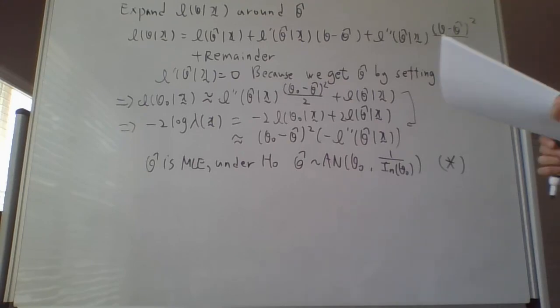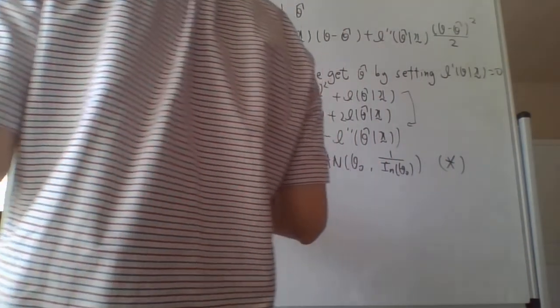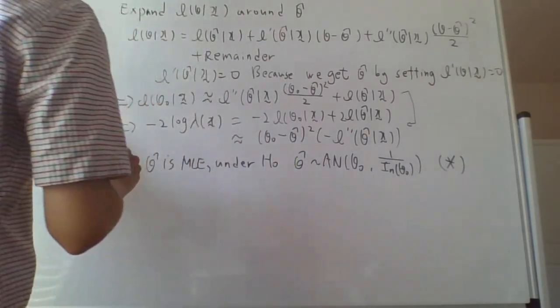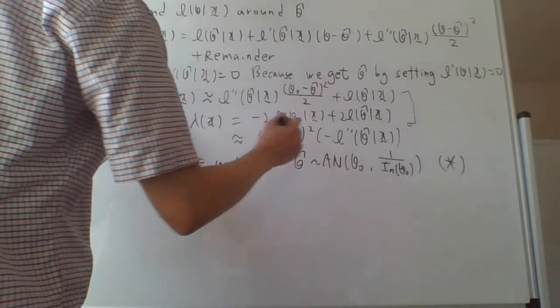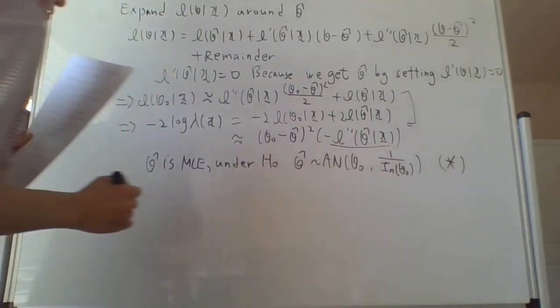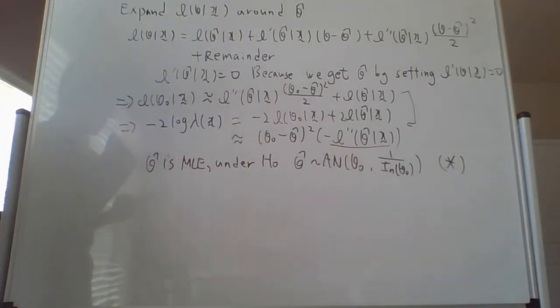And then this minus the second derivative of the log likelihood is the observed information number.